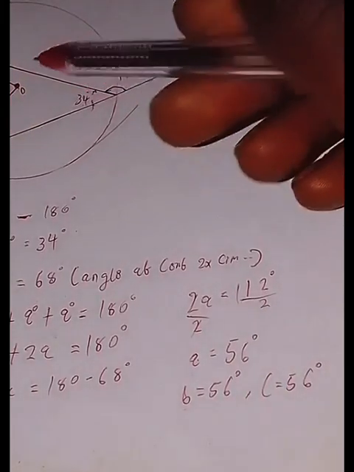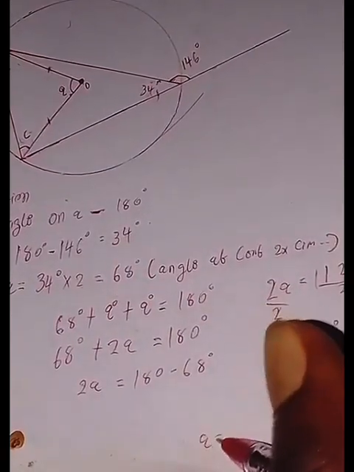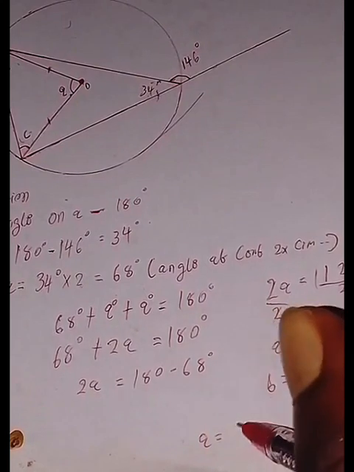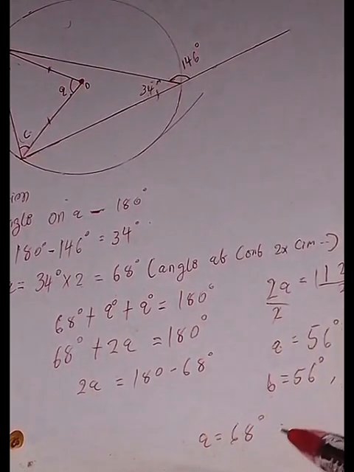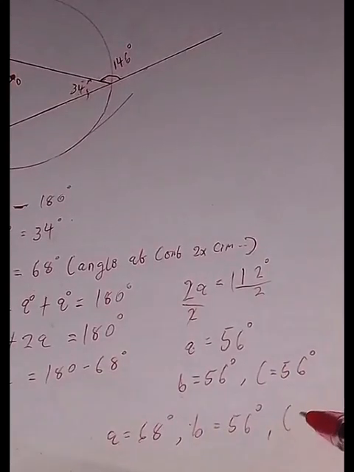From there we have gotten A, B, and C. A is 68 degrees, B is 56 degrees, and C is also 56 degrees.